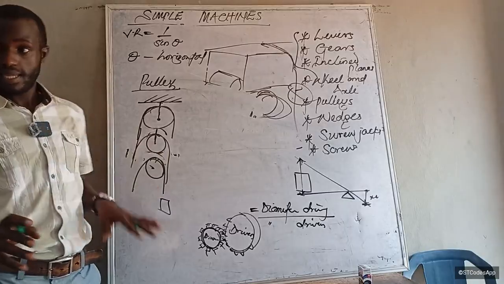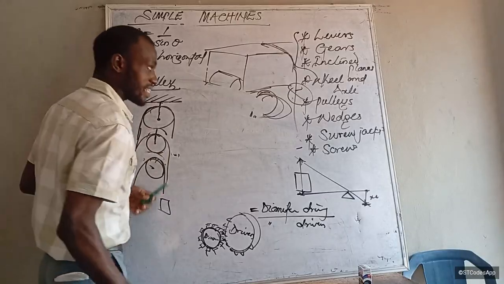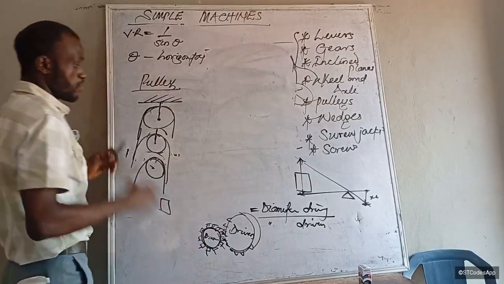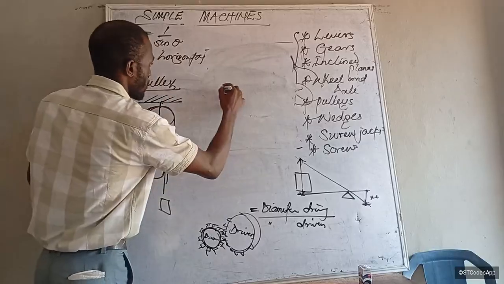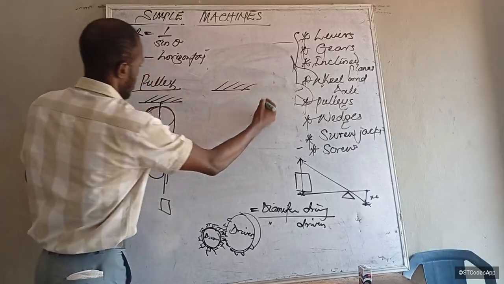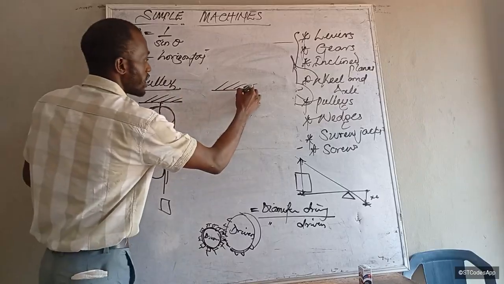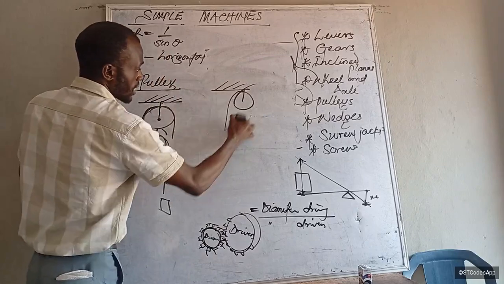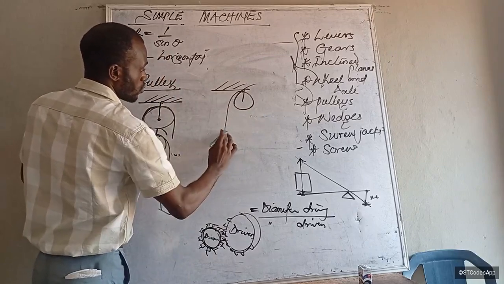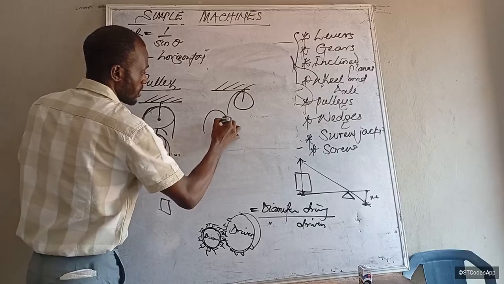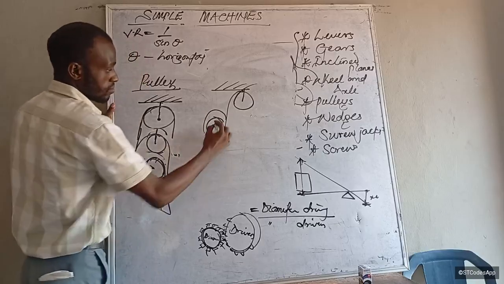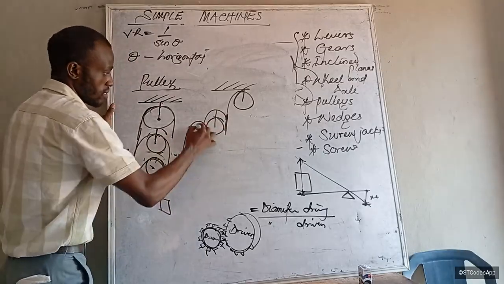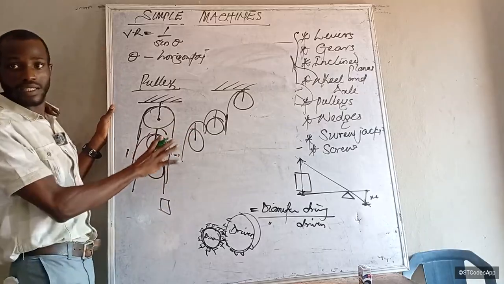Is it clear? 3. But if the pulley is like this, a system where there is a pulley at the top here, then it's connected to another pulley, and this one is connected to another pulley. Do you see the system?